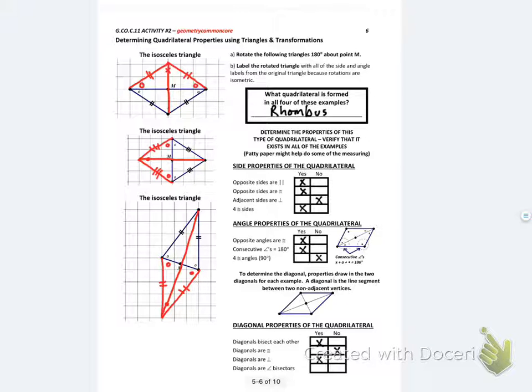So now we get to this last one. Are the diagonals angle bisectors? Do they cut all their angles in half? Turns out they do. And here's the reason why I added those little angle markers in. Look down here at the bottom one where I drew the open circles. These open circles are the same on both sides of the diagonal.